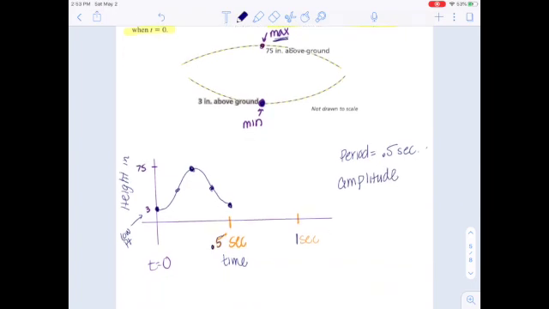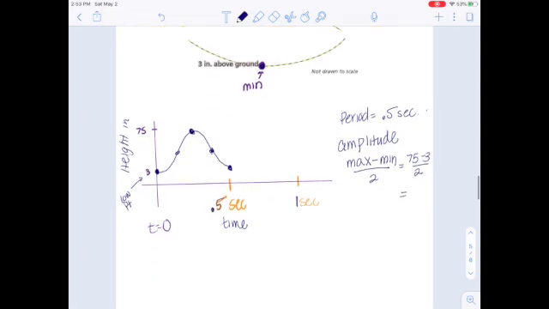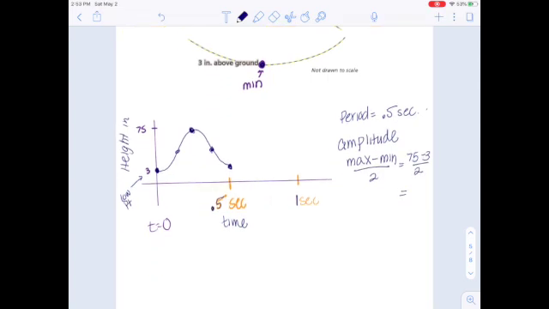In this case, you're going to take your max and subtract away the minimum, since it's all above the x-axis, and divide by 2. So 75 minus 3, divide by 2. That'll be an amplitude of 36.